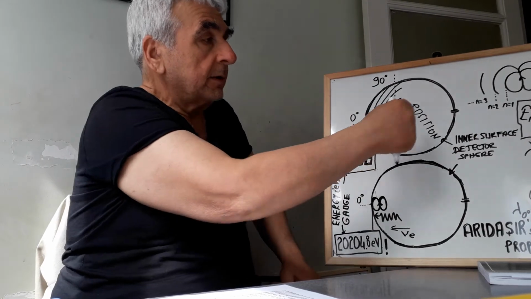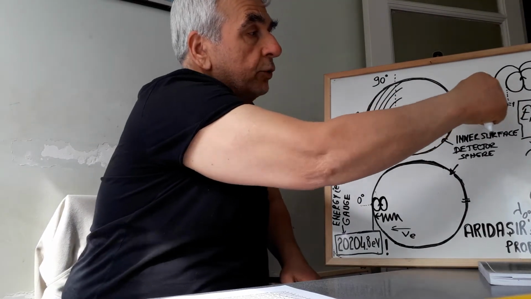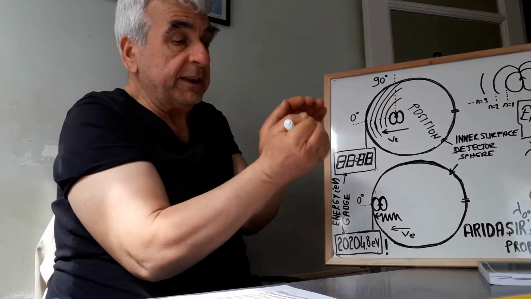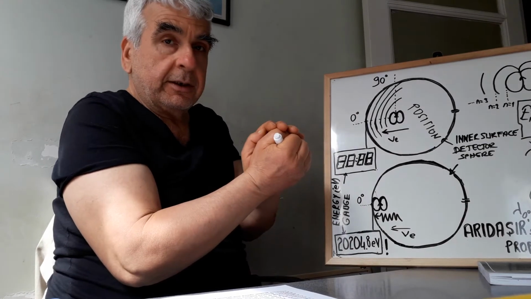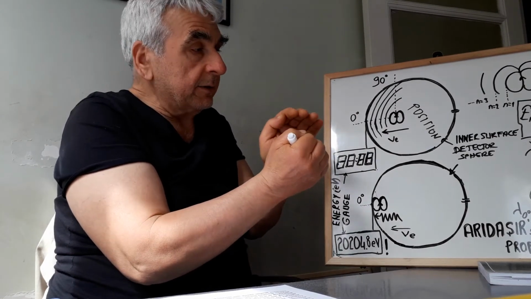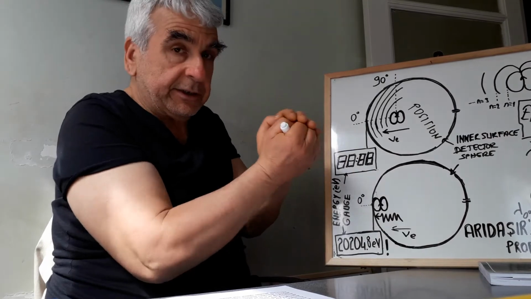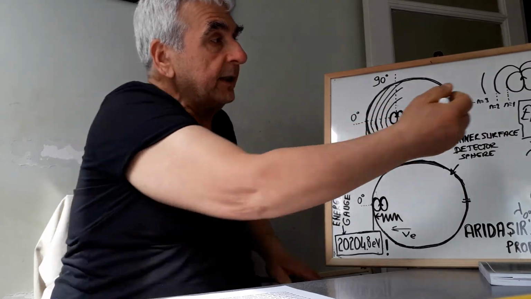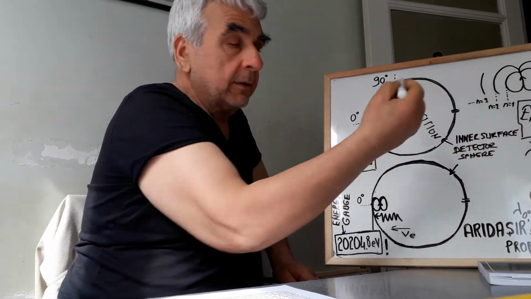I wait for an n equal 1 situation for the electron motion form itself touching. When the electron motion form touches itself, it means n equal 1.